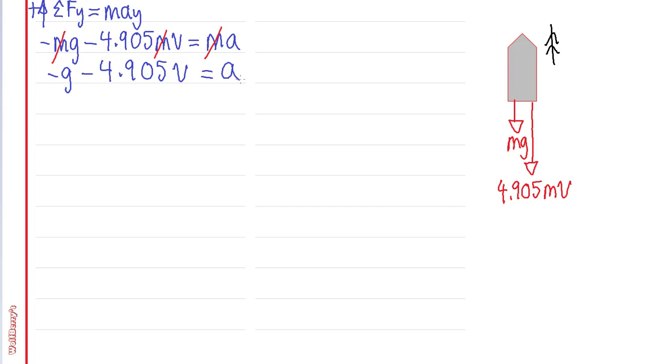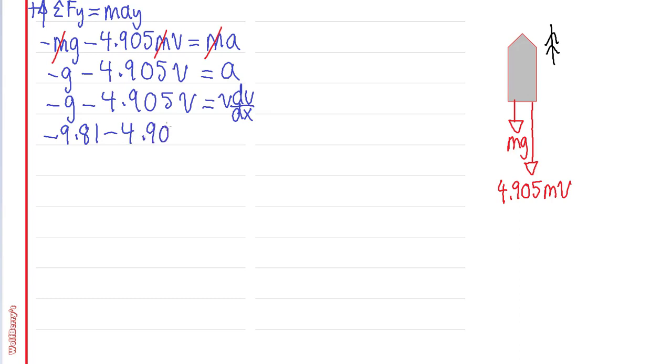So we need to change a to v dv over dx. So minus g minus 4.905 v equals v dv over dx. Now, let's write gravity as 9.81, because we have to take a common factor.